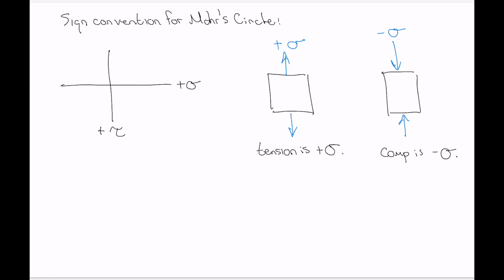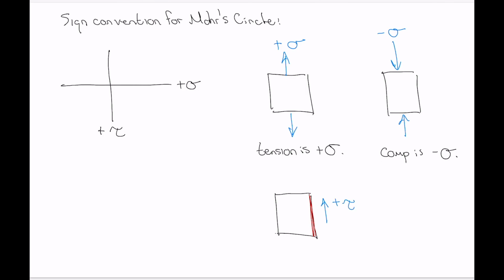Okay, for shear stress, you look at the element's right-hand side, and if the shear stress is acting upwards on the right-hand side, then that is a positive shear stress.